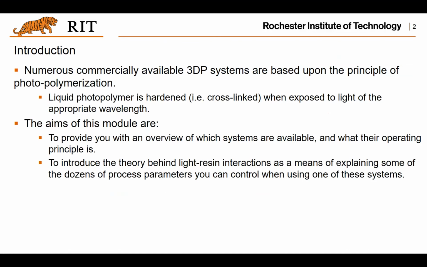Basically, you have some liquid polymers in a resin, and a certain light source is utilized to cure the liquid resin, and the liquid material is solidified into a solid. That's the typical process for this 3D printing.